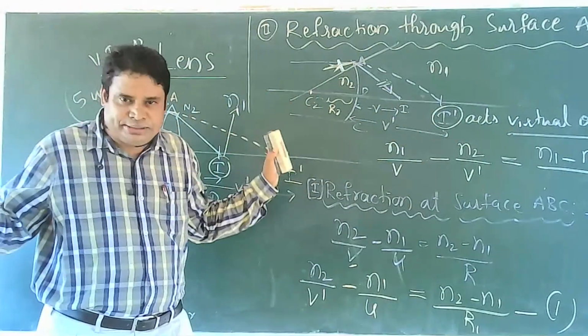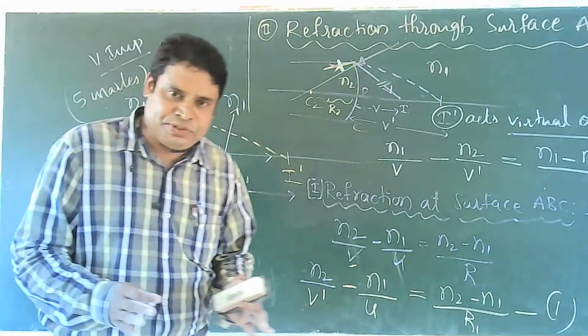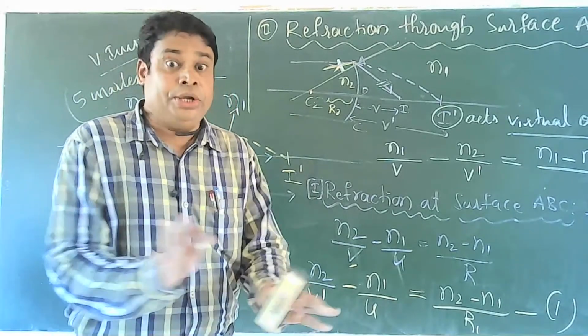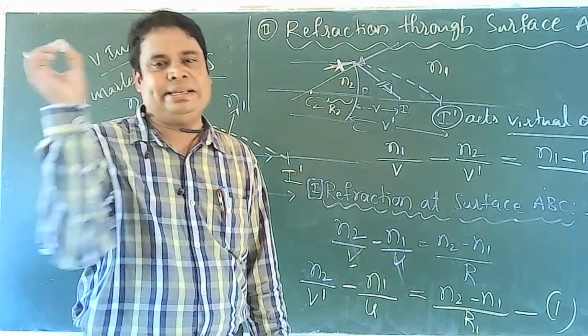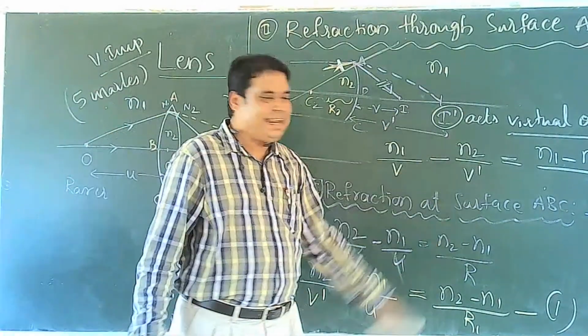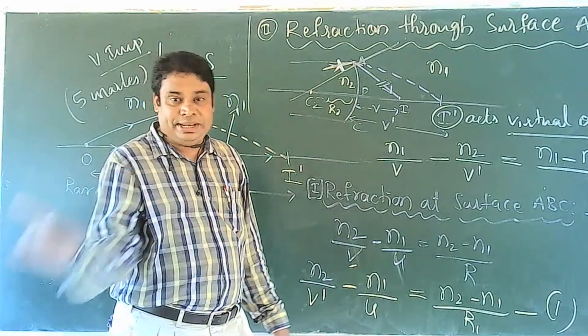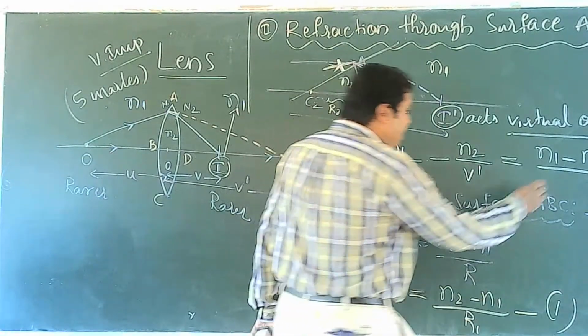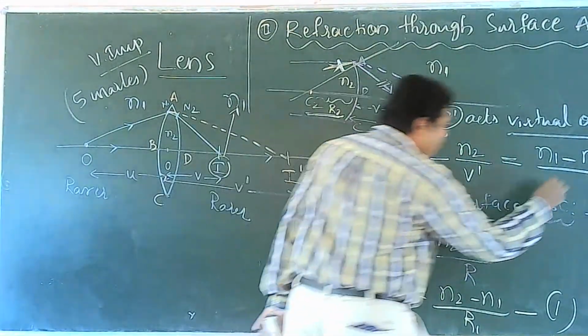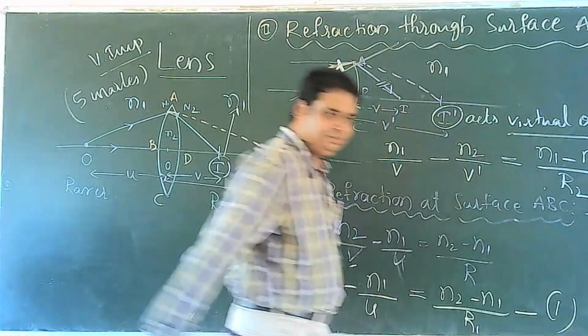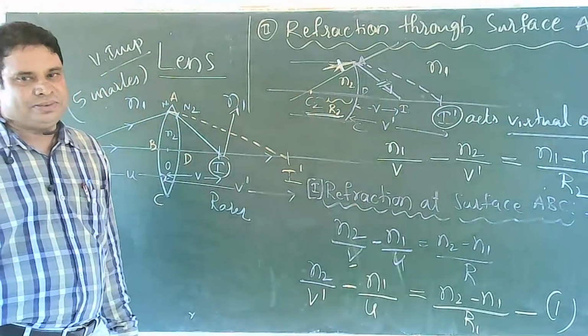I am not using any sign convention here. We can use sign convention two times and get the equation, but here I am just putting the values as given in the formula. Here, what is R? We know this distance is R. So automatically we can write it as R2 for the second surface.